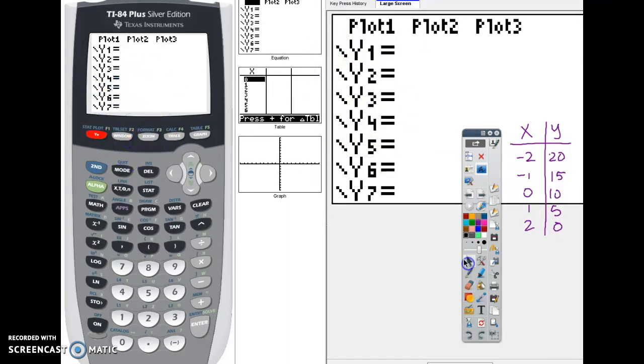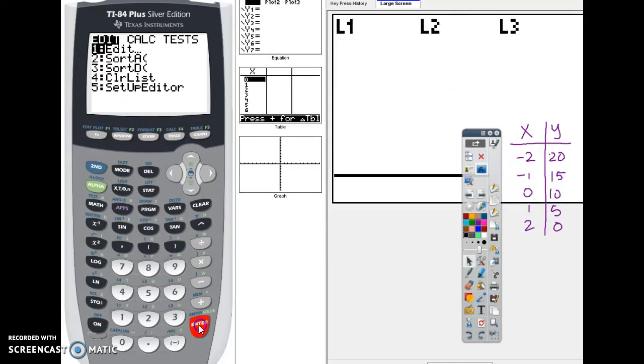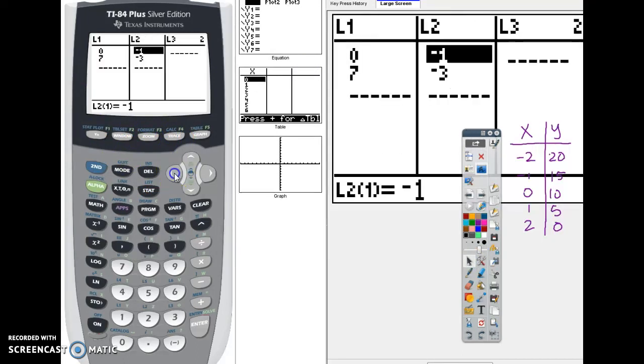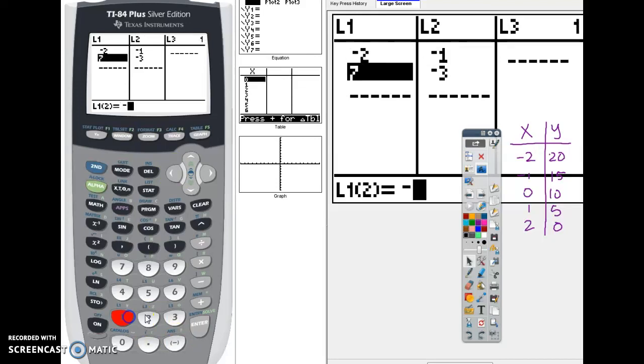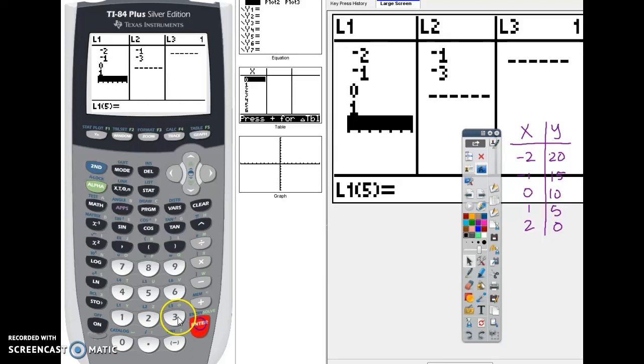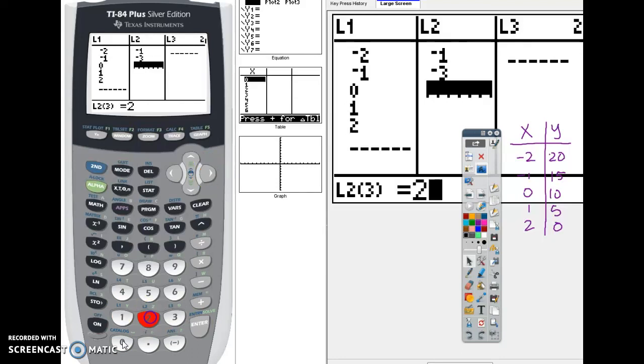So in stat, enter. Okay, if you have stuff already on there, you can just type over it. So -2, -1, 0, 1, 2. On the other side, I have 20, 15, 10, 5, and 0.